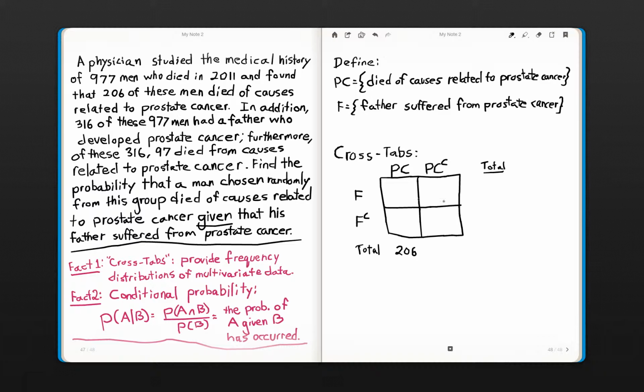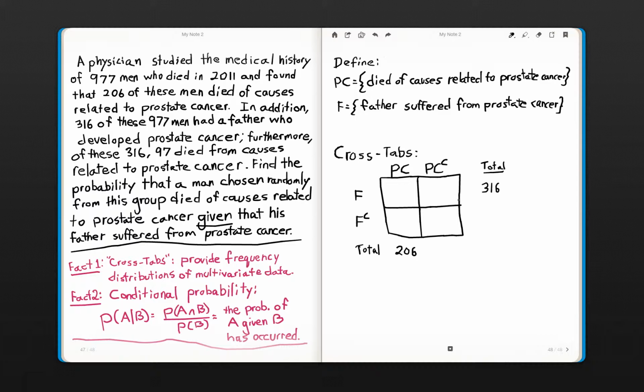So that would be this row right here. So we would know that a total of 316 of the 977 would actually fall in this row. Again, we don't know how many actually died of prostate cancer or not right yet, but we're going to figure that out.